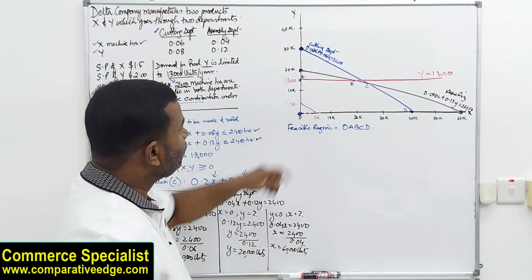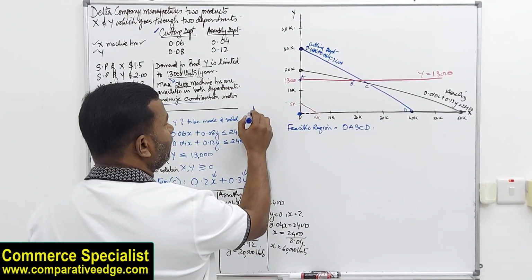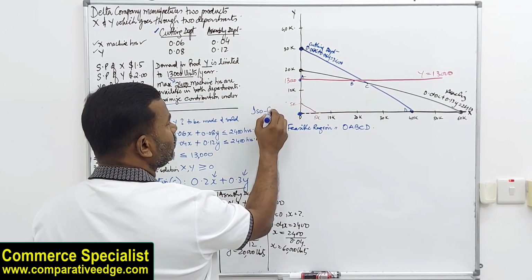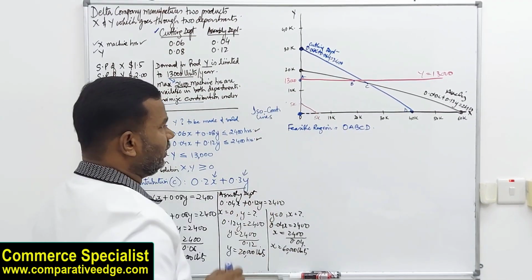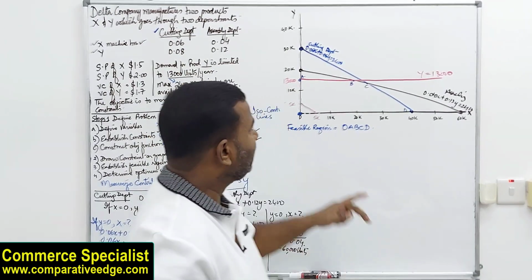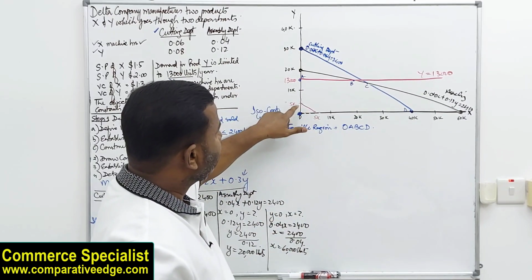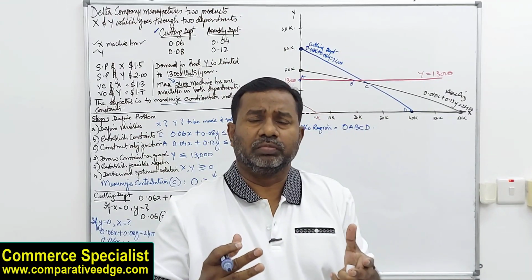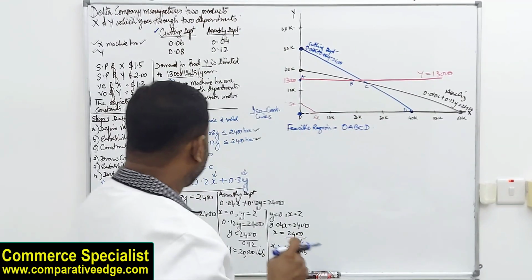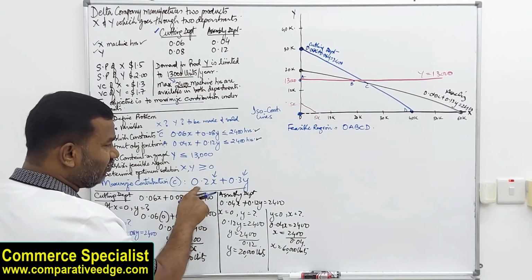So this line is known as ISO contribution line. ISO contribution lines or just contribution line. So here we are assuming that this point, if we sell 5,000 of Y and 5,000 of X, we may get maximum contribution. So I am just plugging in the numbers here.